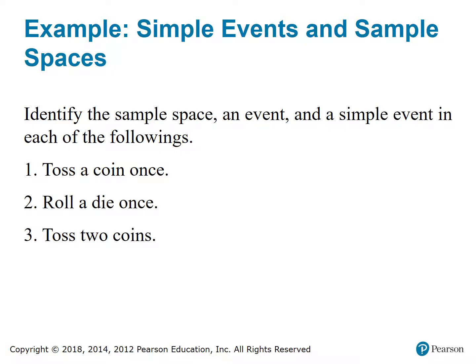Okay. So identify the sample space, an event, and a simple event in each of the following. Basically the same thing we just did. You toss a coin once, that's either heads or tails.